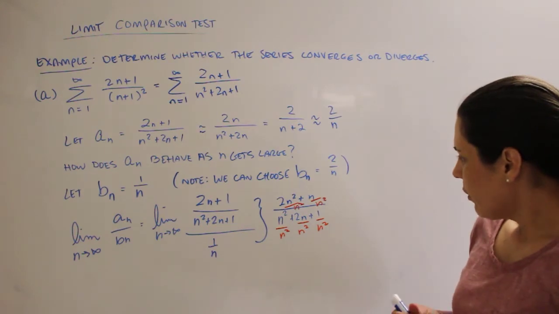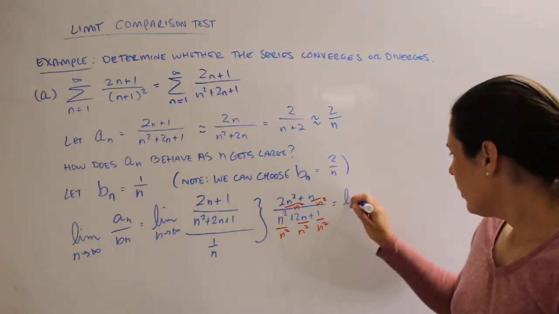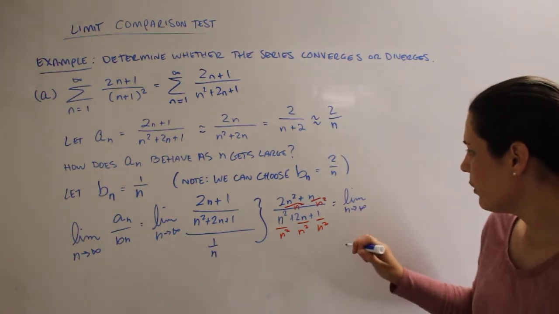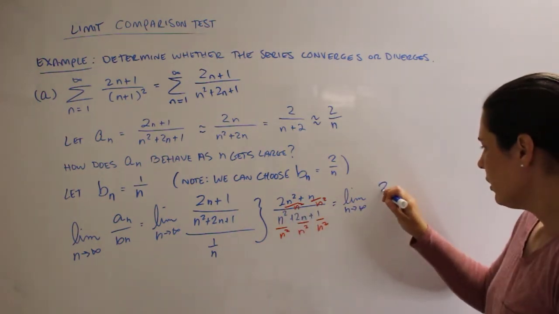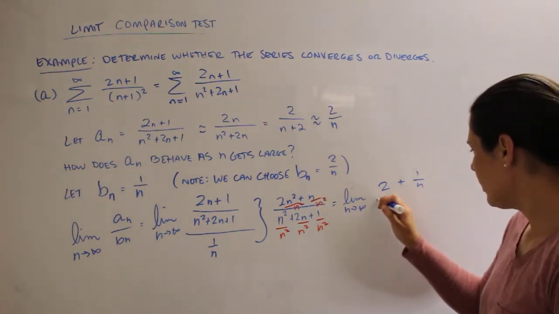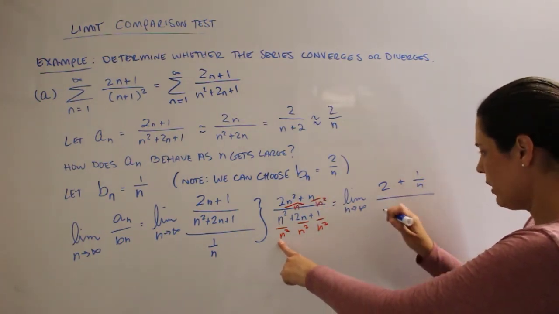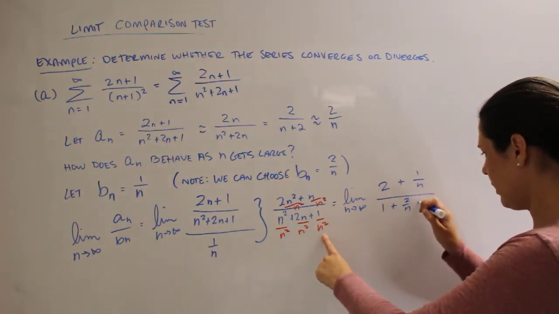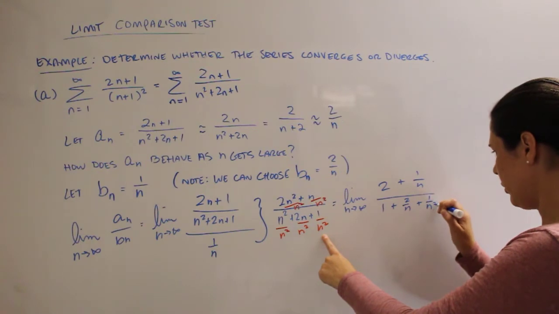Okay, so then we get, let's put the limit back on. We get the limit as n approaches infinity. We have 2 plus 1 over n, that's the numerator, 1 plus 2 over n plus 1 over n squared.